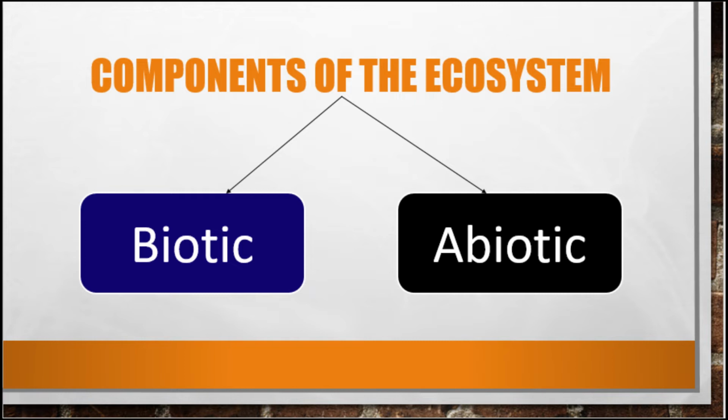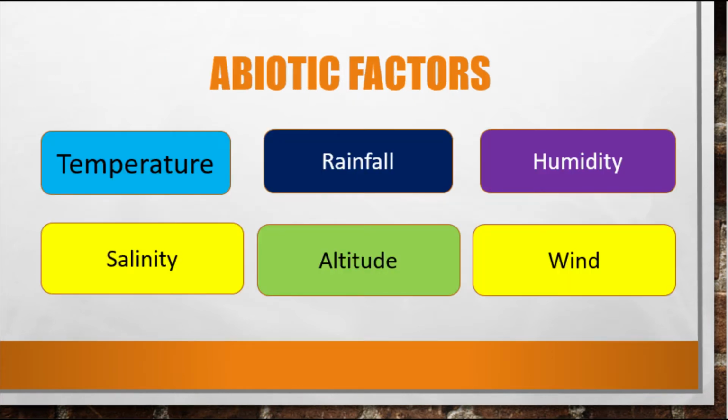Okay, then let's look at the abiotic components. Abiotic components are the non-living components in the ecosystem. One, they can be the climatic factors, that's temperature, wind, humidity, sunlight, rainfall, and also salinity.